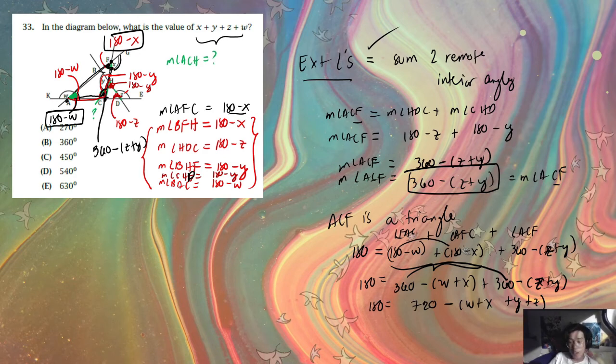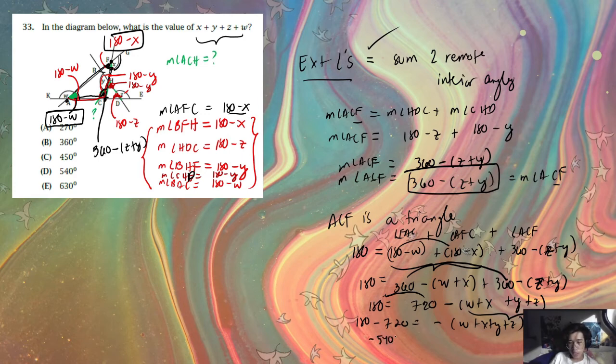Okay, so now we have all of our variables here. We can transfer 720 to the other side so that all of our variables are on one side and all of our constants are on the other side. So this is going to give us 180 minus 720 is equal to negative quantity w plus x plus y plus z. And what's 180 minus 720? You can use your calculator, but most likely this will give us negative 540.